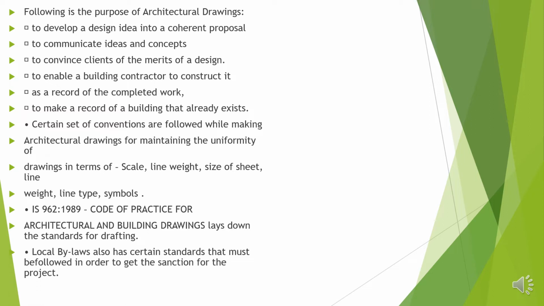Apart from that, the local bylaws also play a crucial role in designing a building, such as the offsets, the distance from the road, etc. An architect incorporates both things in his drawing to explain how the building is going to look.